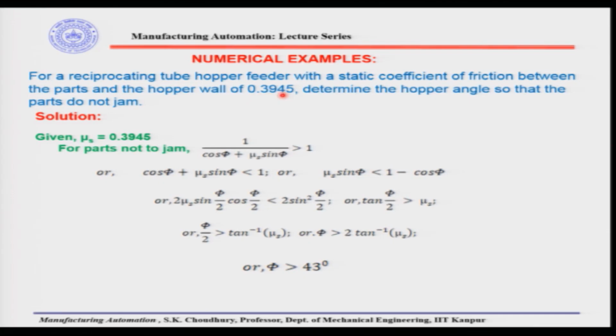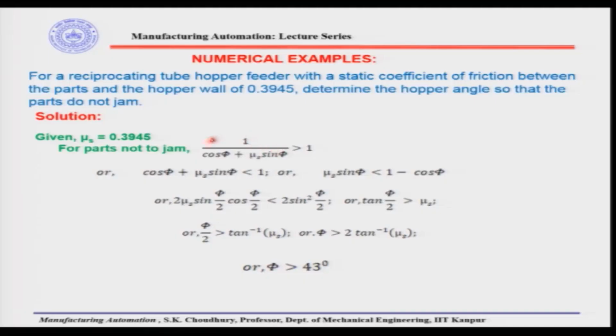Now, in the design problem, when you are designing the reciprocating tube hopper feeder, you are using a part material of, let us say, mild steel, and a mild steel hopper wall. In the handbook you can find what the mu s will be between mild steel and mild steel, or any other combination of materials. And from there, using this inequality, you can find what the hopper angle should be. So, it is easy: you know the mu s, you can find the value of phi.